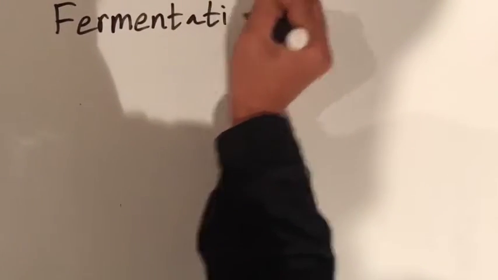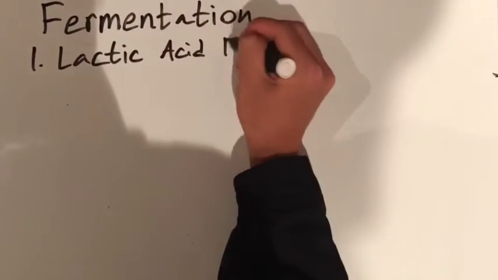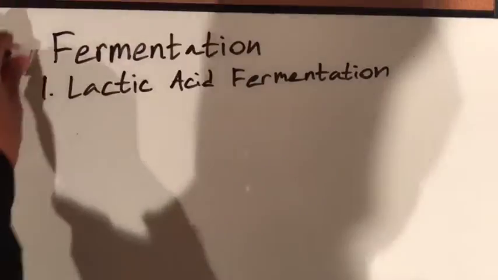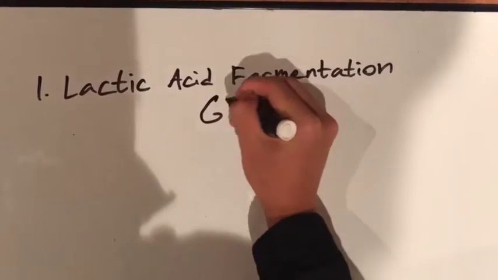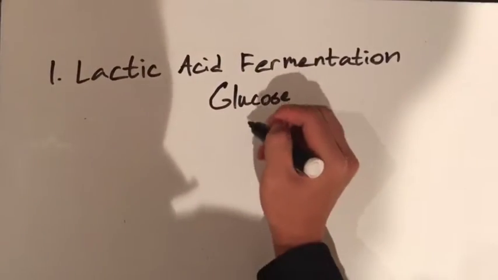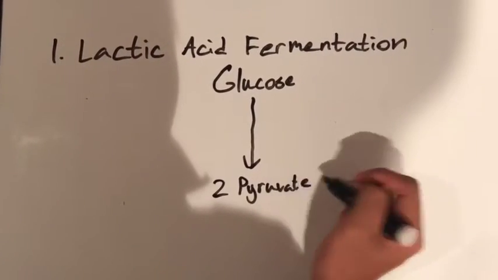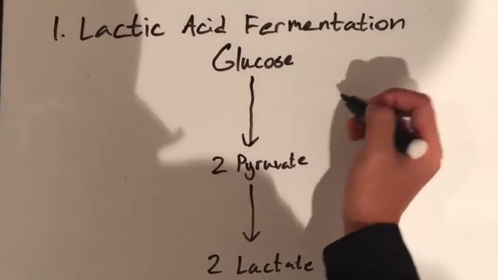So what happens if you don't have oxygen in order to carry out oxidative phosphorylation? In that case, the cells undergo anaerobic respiration. Specifically, we'll be talking about fermentation. Now you have 2 kinds of fermentation: lactic acid fermentation and alcohol fermentation.